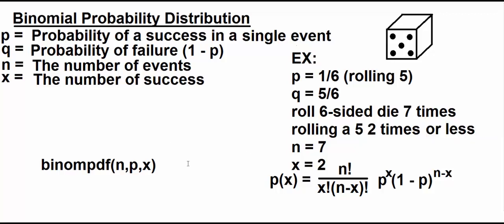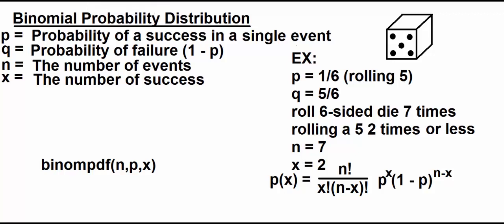All right, slightly different language here. Instead of getting a 5 exactly 2 times, getting a 5 2 times or less. So I'm rolling the die 7 times. I'm either not getting any 5s, I'm getting just 1 5, or I'm getting 2 5s.